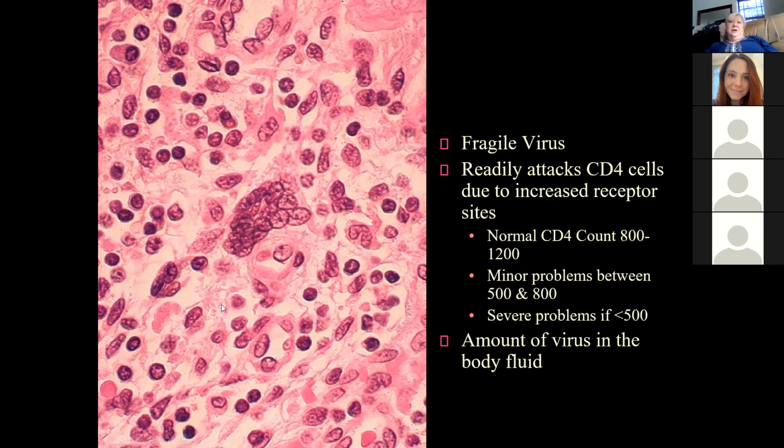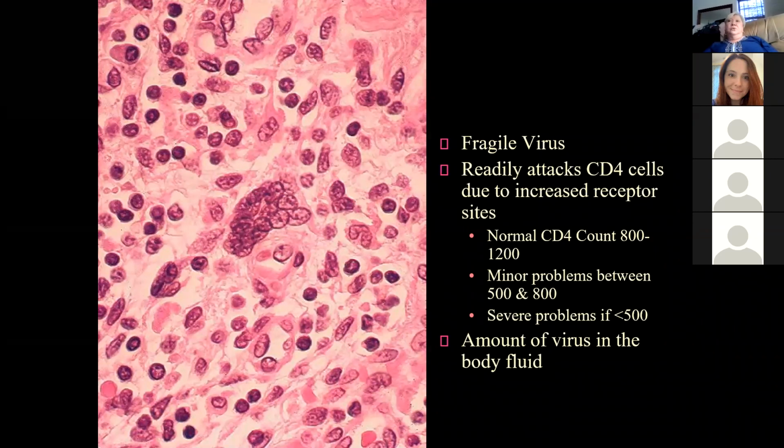But it's a very, very fragile virus that attacks your CD4 cells. Remember that your CD4 cells are your helper cells. They're the ones that secrete the antibodies that fight things, not just infections, but viruses and tumors and all sorts of kind of things. And so that is what HIV attacks. It attacks your CD4 cells.